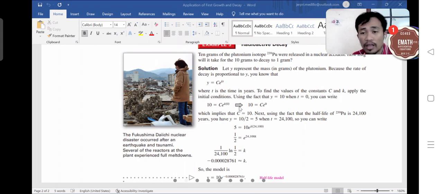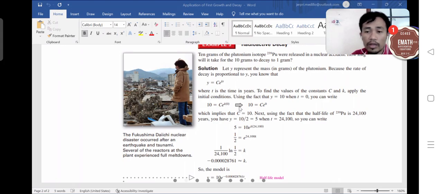Next, using the fact that the half-life of plutonium isotope is 24,100 years, you have y equal to 10 over 2, or 5, when time is equal to 24,100.